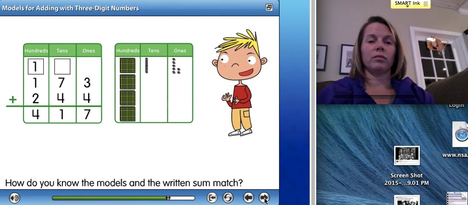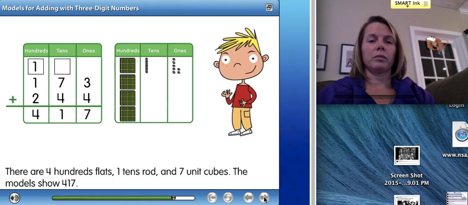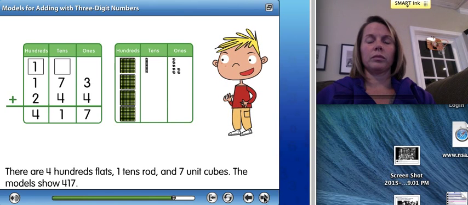How do you know the models and the written sum match? I looked at both the models, and I can connect them and compare them to each other. There are 4 hundreds flats, 1 tens rod, and 7 unit cubes.